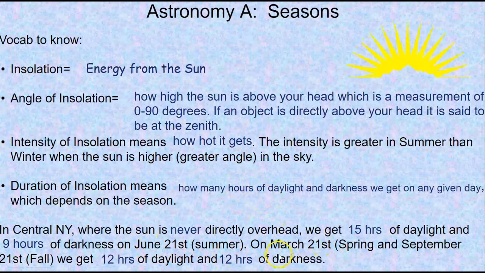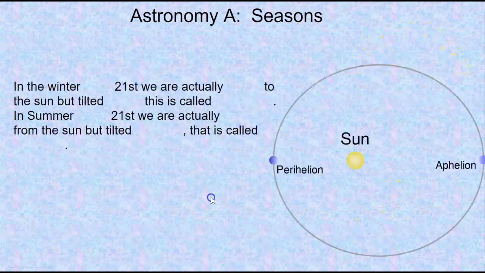So on March 21st or September 21st to 23rd, spring and fall, we get 12 hours of daylight and 12 hours of darkness. So in winter, we get, where's my cursor? Right there. We get 15 hours of darkness and 9 hours of daylight. That's in the winter. In the summer, we get the reverse, 15 hours of daylight, 9 hours of darkness.